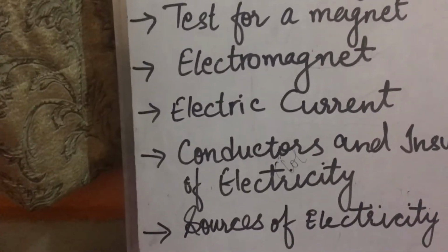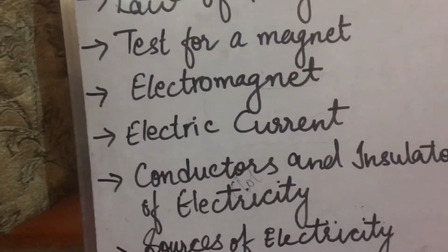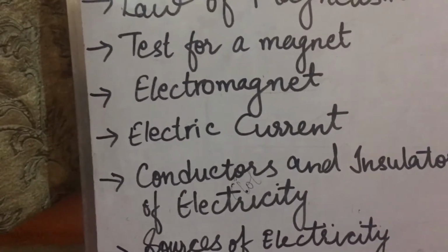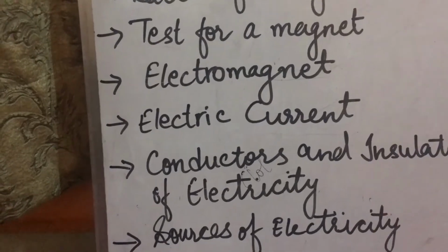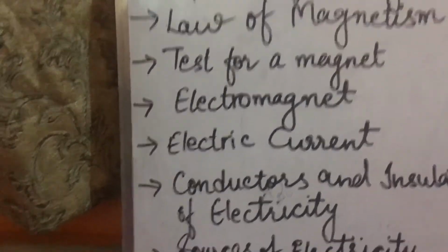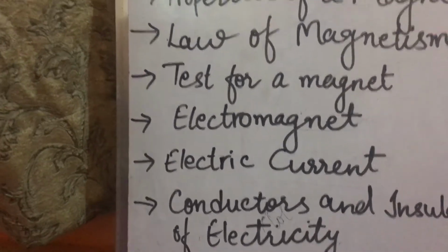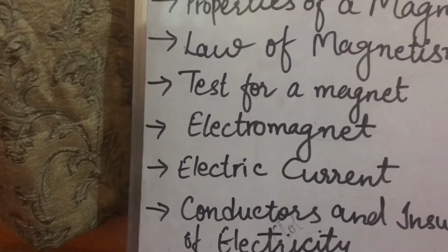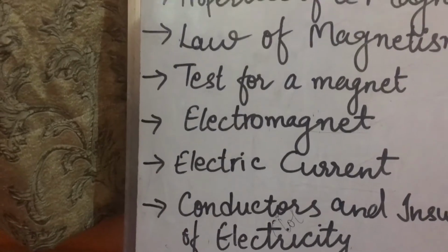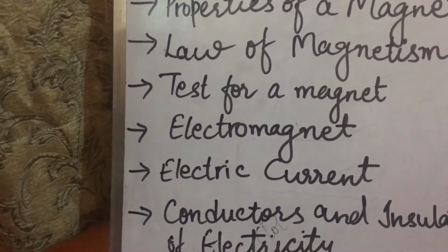Now, the next topic is the electromagnet. What is an electromagnet, children? An electromagnet is a coil with a soft iron core. It is a temporary magnet which can be made a magnet by passing current.